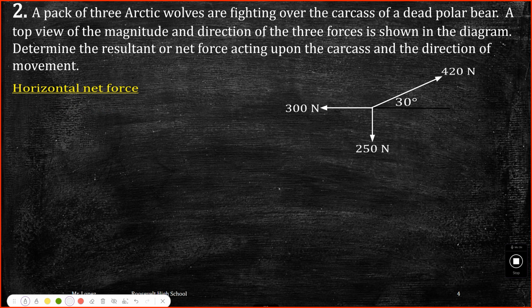So the horizontal net force, we got the one going 300 newtons to the left, but we got to get the x component for that one right there. We got to break it down into its x and y components for this one right here.